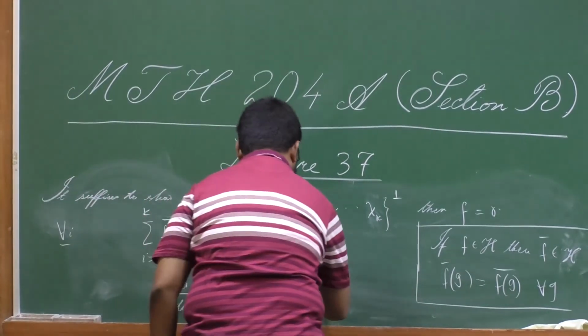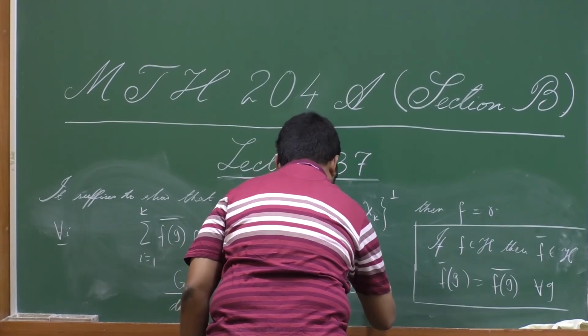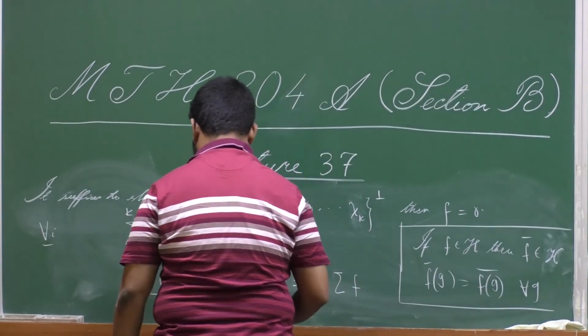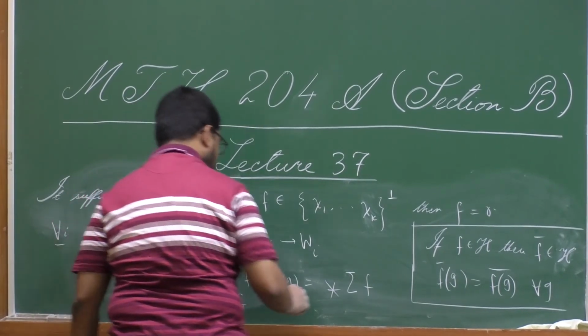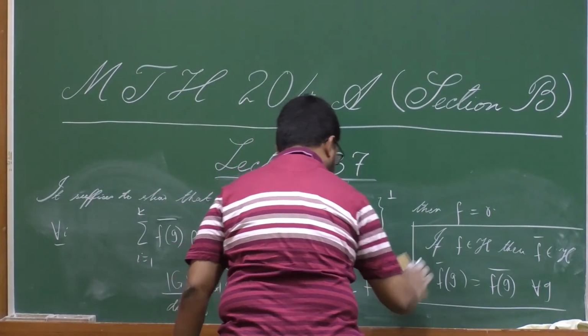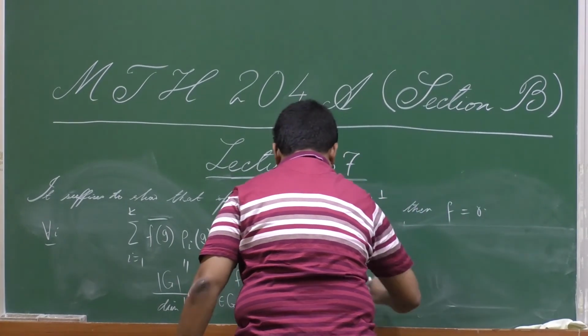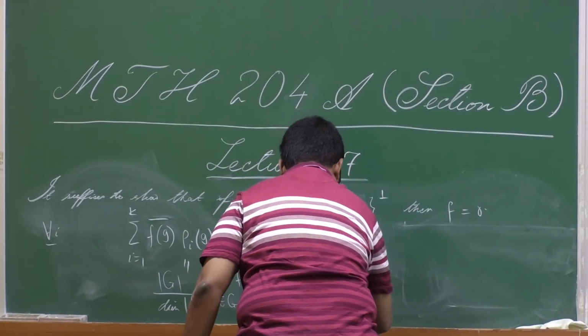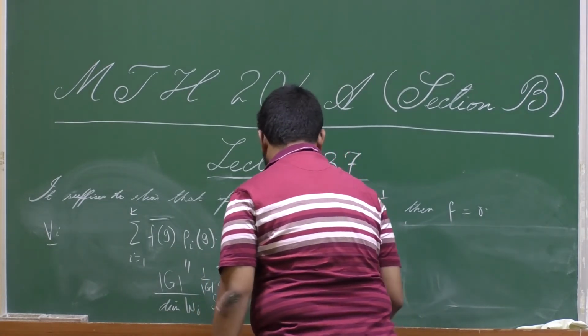So this quantity is nothing but this whole scalar times this. What is there?